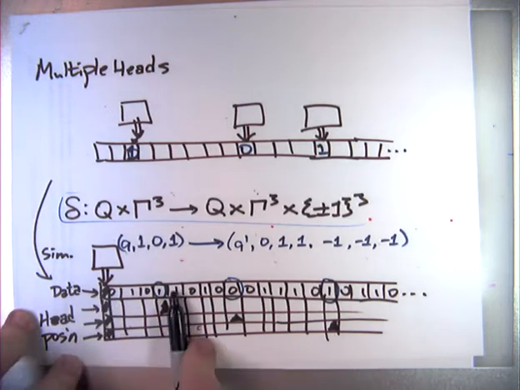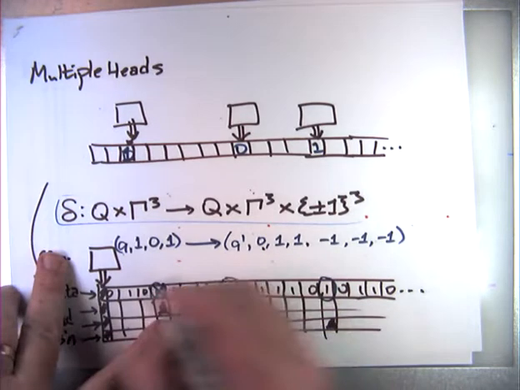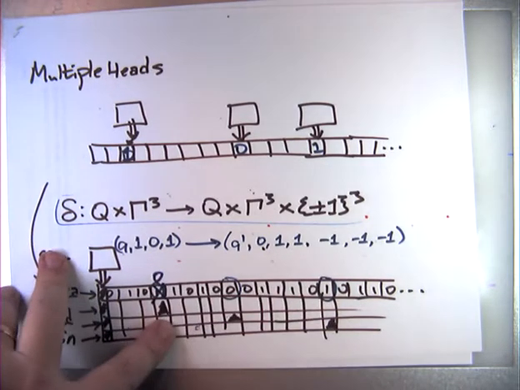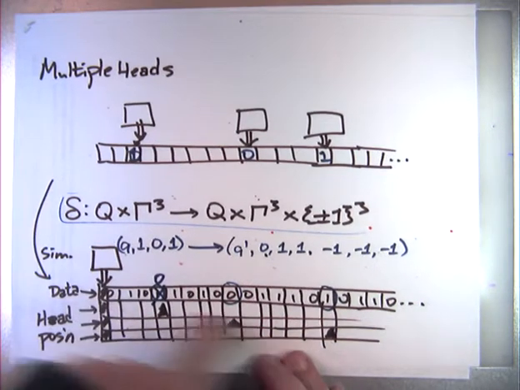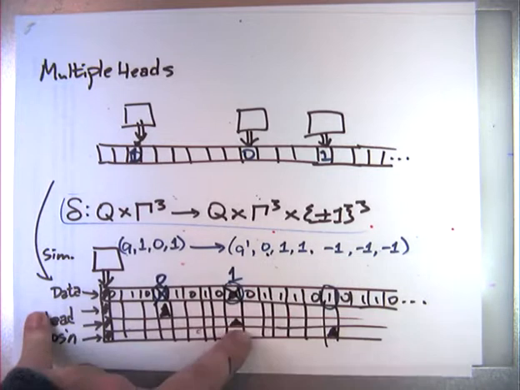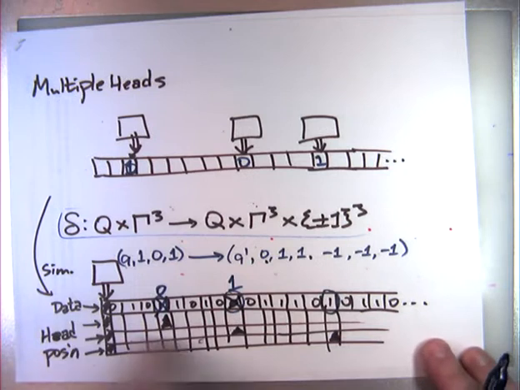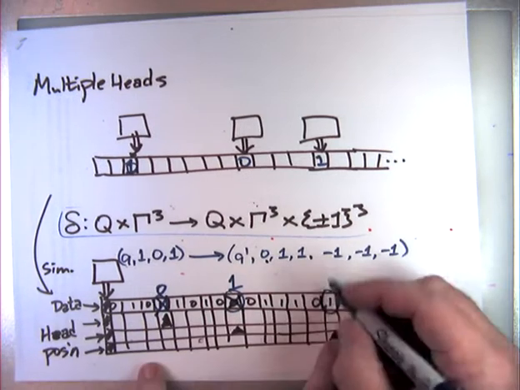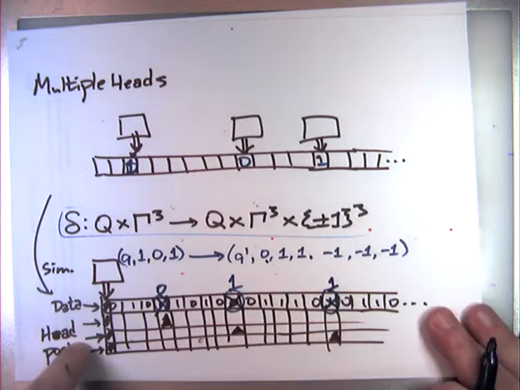Again, I scan to the right until I see a mark on track 1, and then I write this symbol into track 0 in this corresponding location, and then scan back. Scan forward until I see a mark on track 2, write the corresponding symbol into track 0, scan back. Scan over on track 3 until I see a mark, write the corresponding symbol, which in this case was already there, scan back.